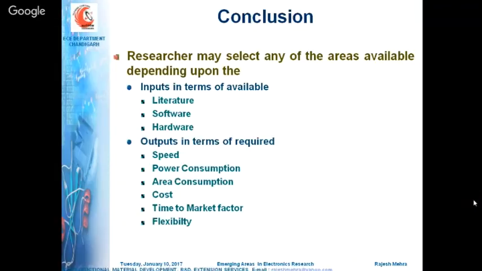Once all these inputs are there with you, then you have to produce output in order to provide an optimized solution in terms of speed, power consumption, area consumption, cost, time to market, and flexibility. So these are some areas and possibilities where electronics, maybe computer, electrical, they can also go ahead with their research in these areas.